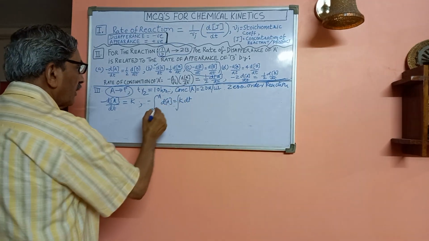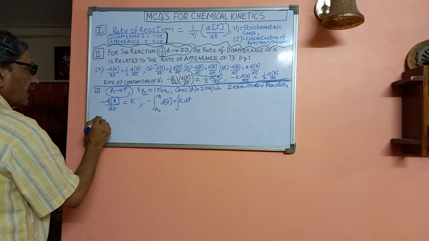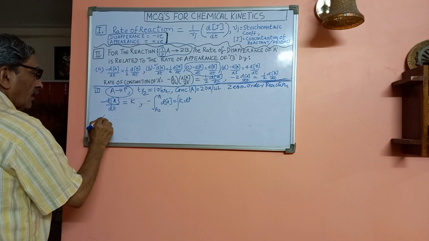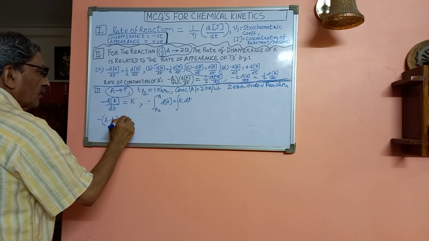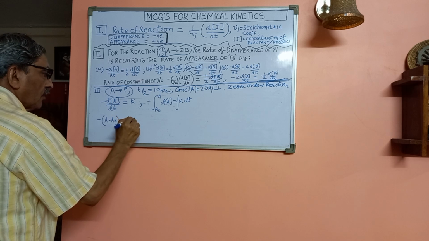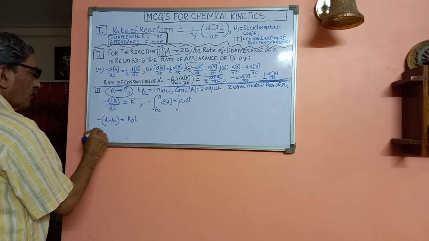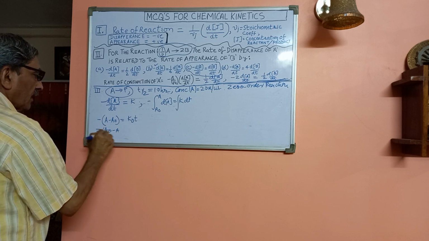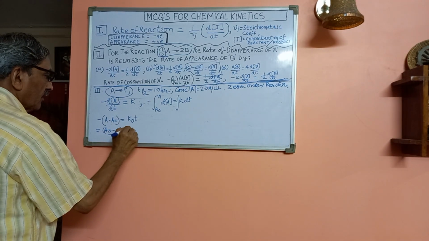This will therefore result in minus of a minus a0 is equal to k0 t, and this could then be written as a0 minus a upon t is equal to k0.